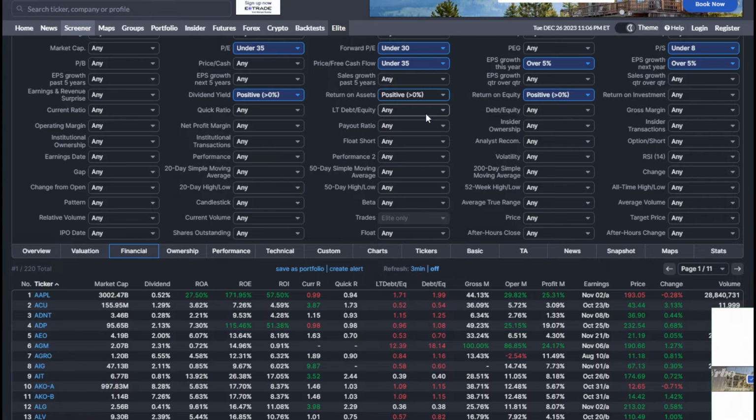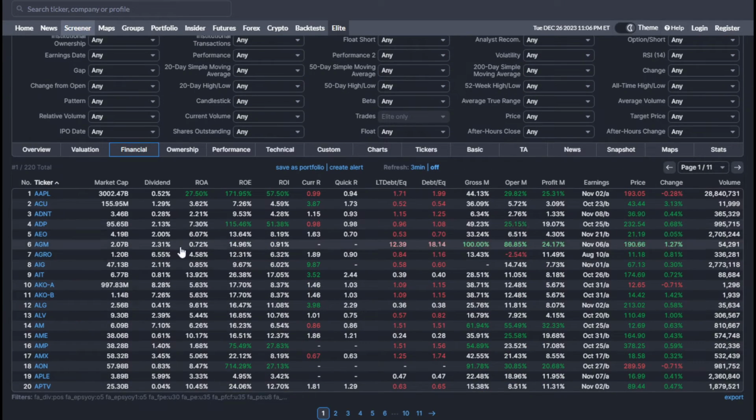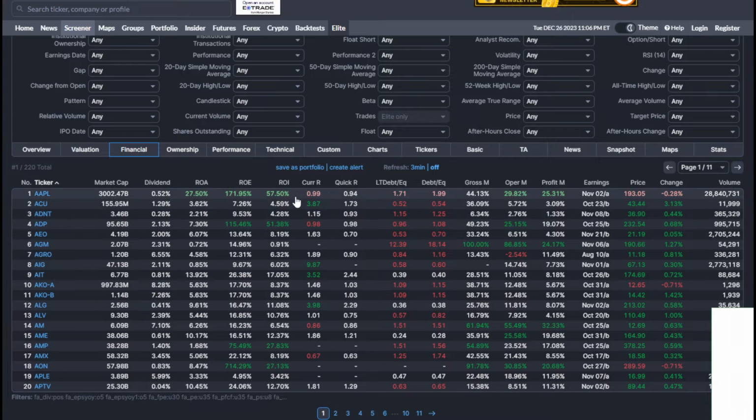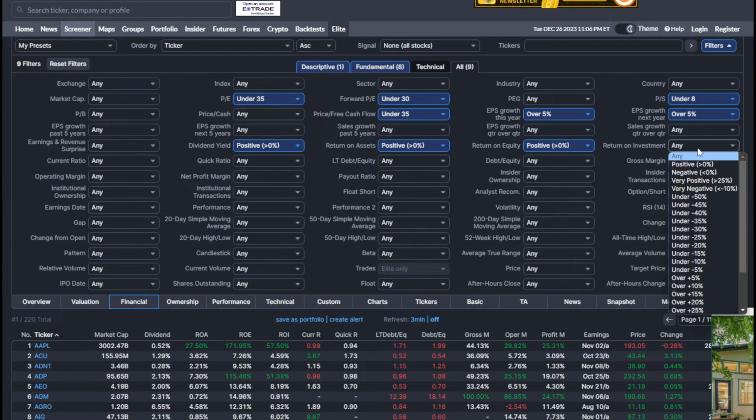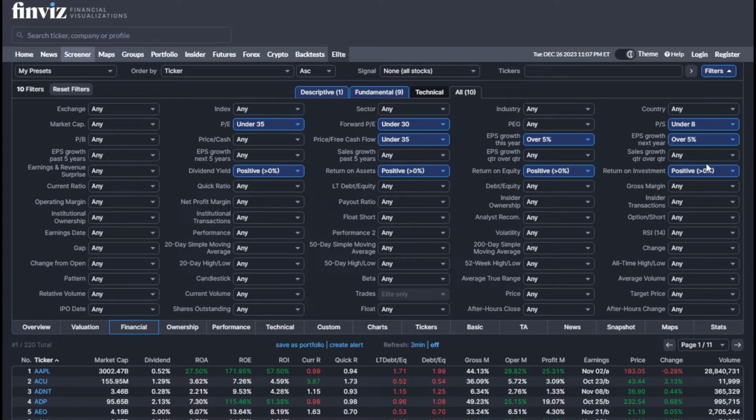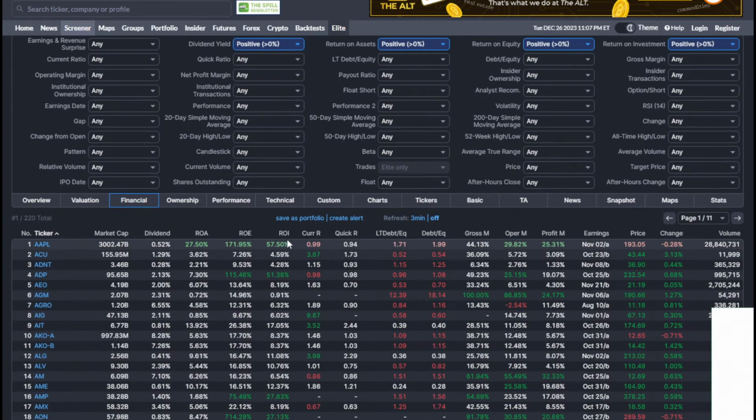Positive, it's over 0. It didn't make any change here. We can do the same with ROI, return on investment. Make it positive, see what happens. No change there. These are all really high. Okay, let's take a look at the performance.